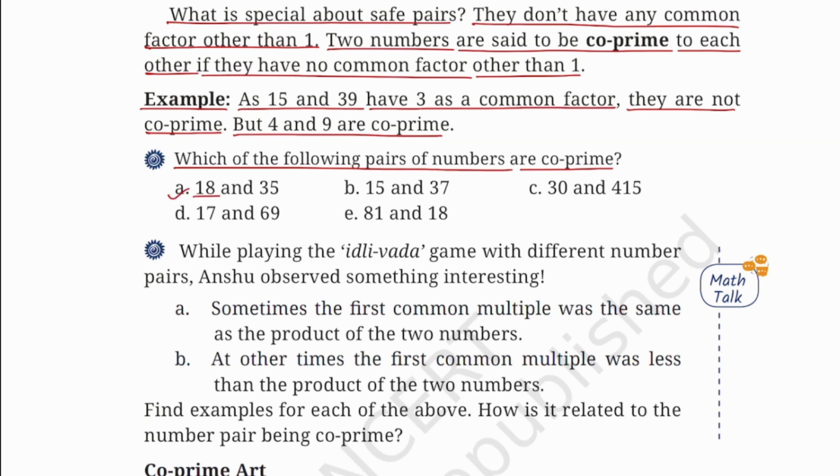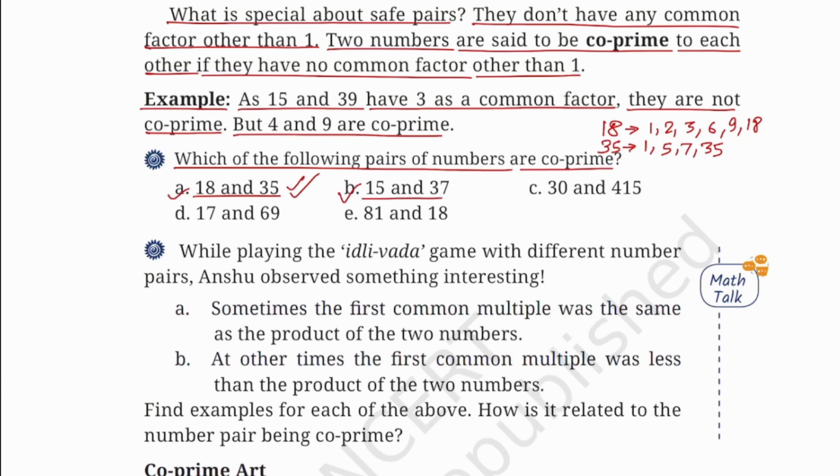A. 18 and 35. Factors of 18: 1, 2, 3, 6, 9 and 18. Factors of 35: 1, 5, 7 and 35. Since 18 and 35 have no common factor other than 1, they are coprime.